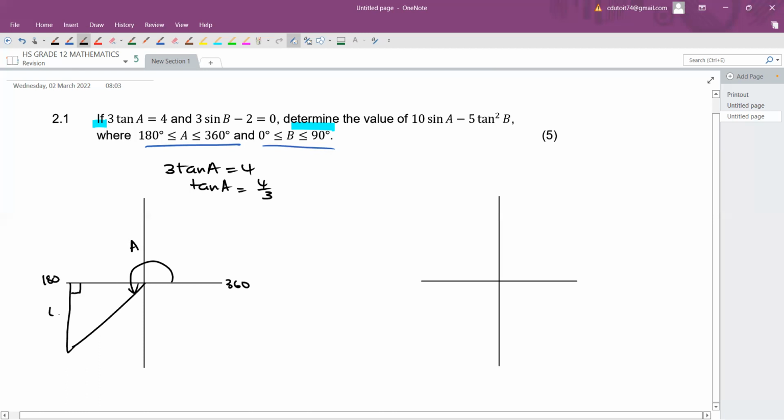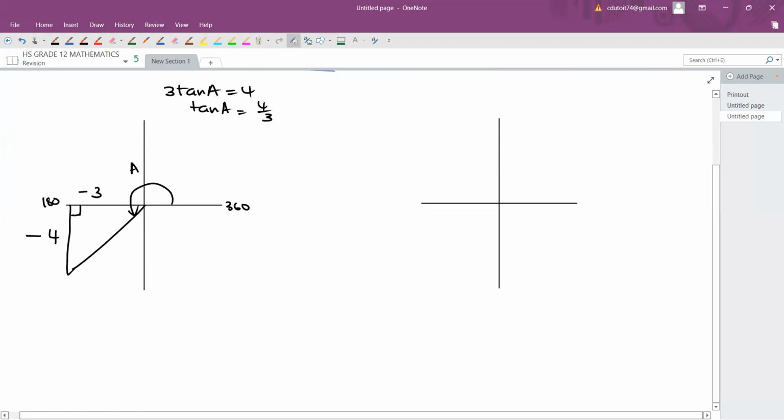And tan is opposite over adjacent. Then if I use Pythagoras, the hypotenuse is the root of 4 squared plus 3 squared, and that is 5.